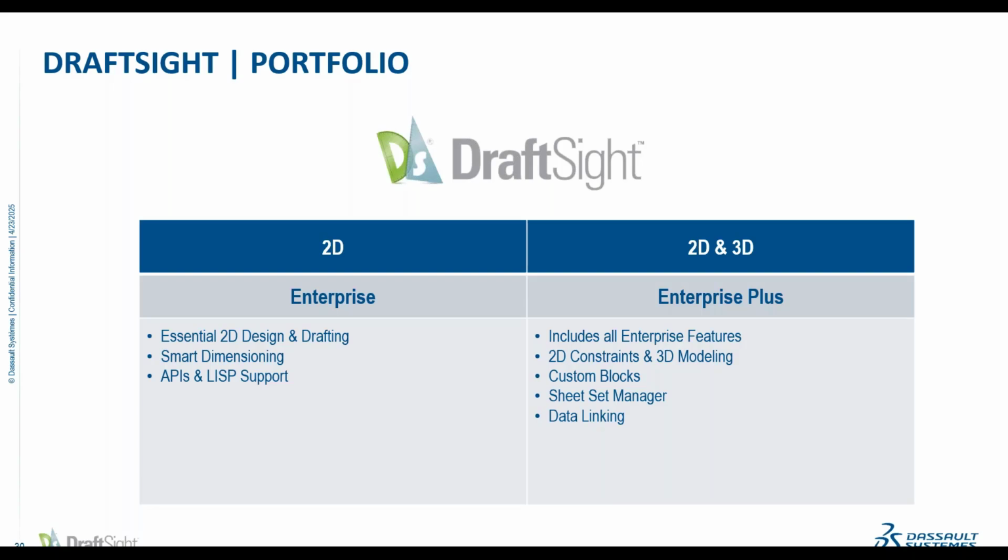Your blocks and all that stuff is available in the Enterprise solution. In Enterprise Plus, you can of course work in your 2D environment, and you can also make a 3D model. Plus all the advanced capabilities, like custom blocks, sheet manager, data linking, are available in Enterprise Plus. So these are the two different categories that we have for this software, basically the DraftSight portfolio. So from here on, I would request Ashish to continue further.